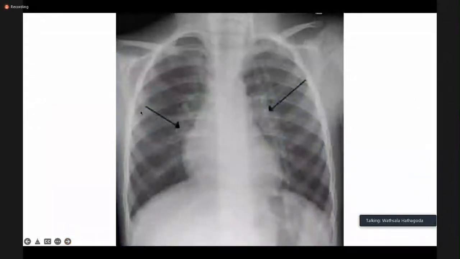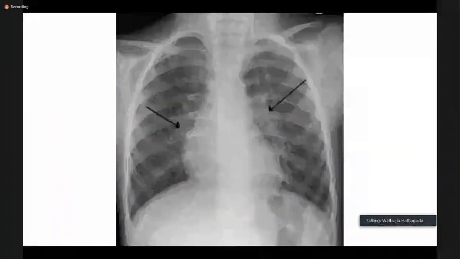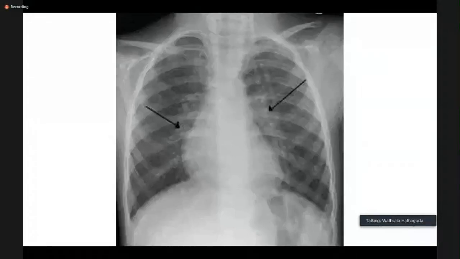So who's going to explain this X-ray? This is an X-ray of a child who had bronchiolitis. What can you see here? What happens in bronchiolitis? What's the pathophysiology?